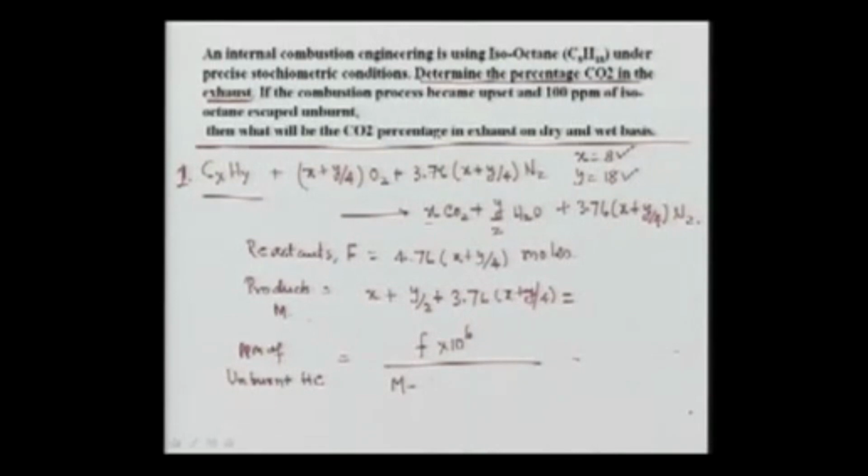M minus F times M plus F times capital F. Okay, what is F? F is the fraction of hydrocarbon escaped unburned.